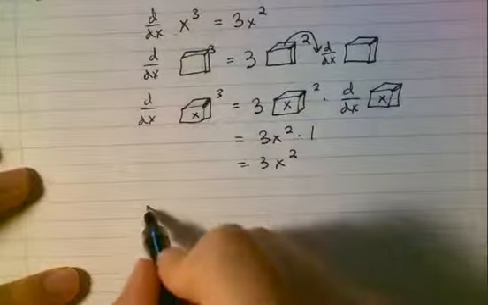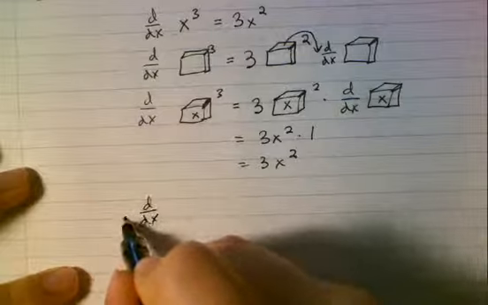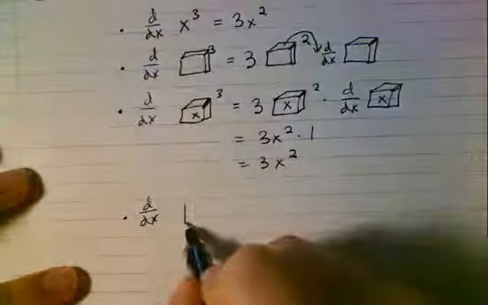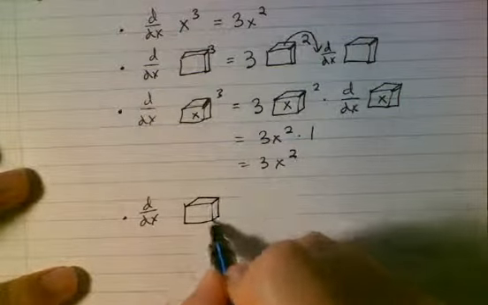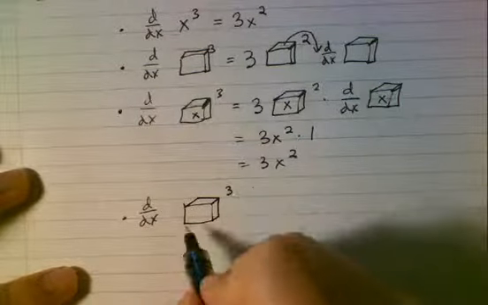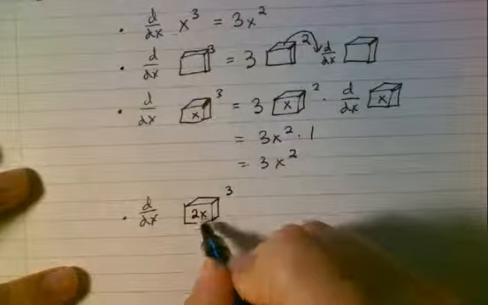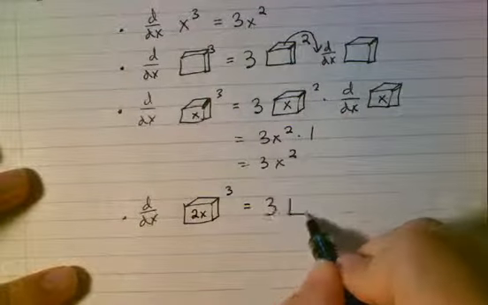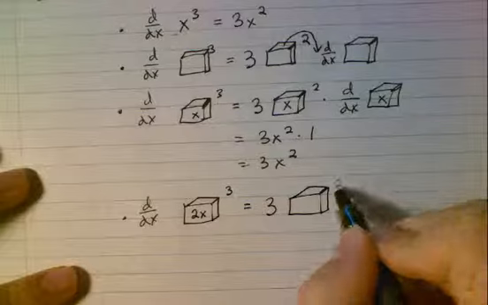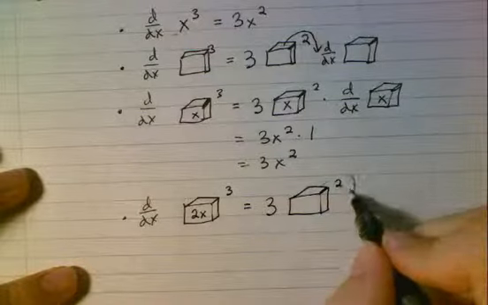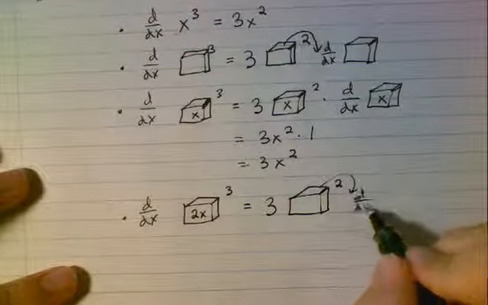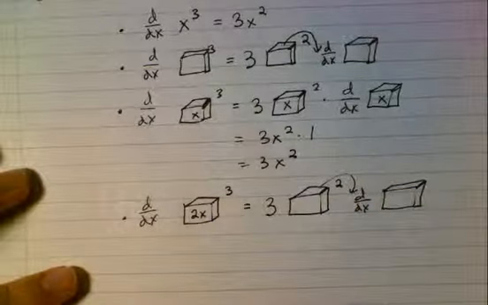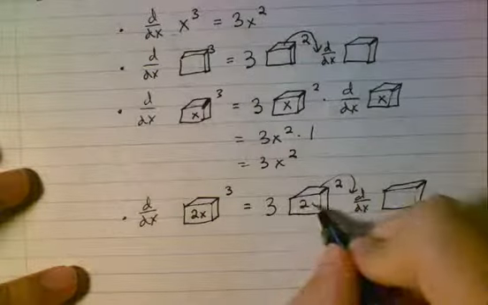Let's say that instead, a separate example, instead of just having x in that box, we've got a 2x. We're still going to follow this same pattern. We're going to bring down the exponent, subtract 1 from the exponent, and then take the derivative of whatever is in that box, but now we've got a 2x here.